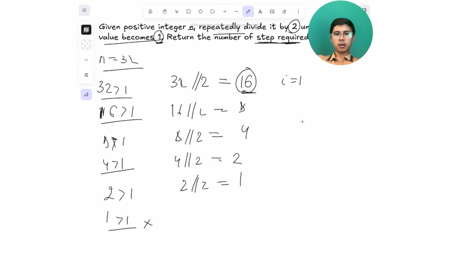We have 1, 2, 3, 4, 5 iterations. So we just return 5, which is the steps.